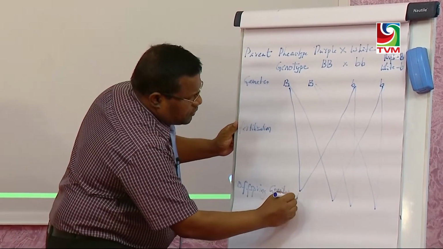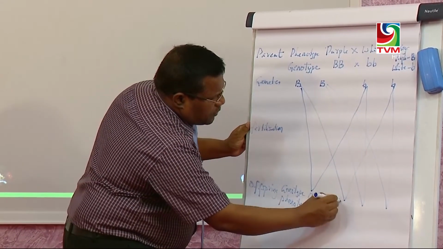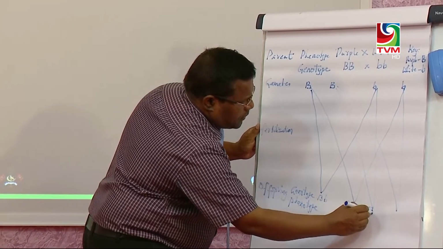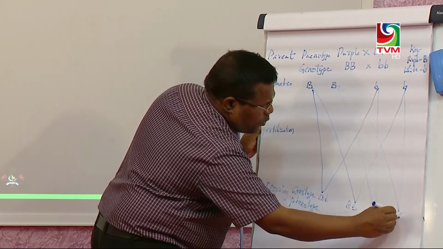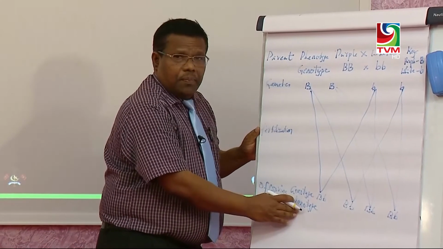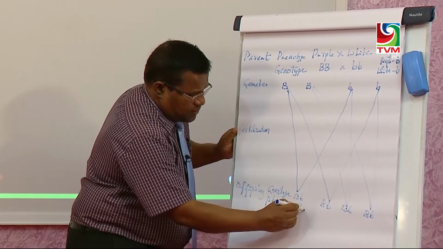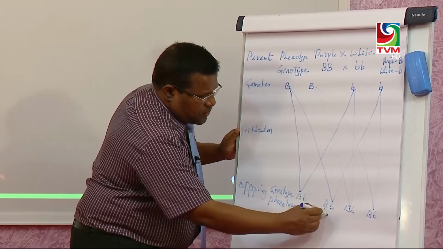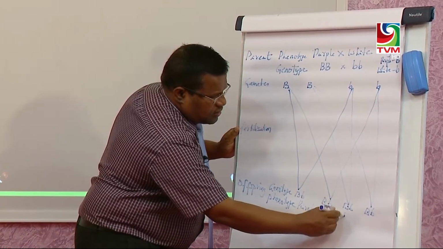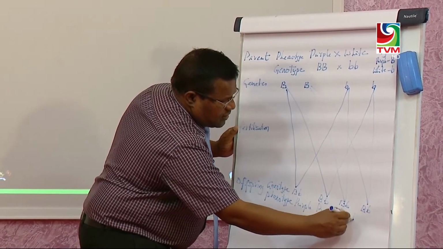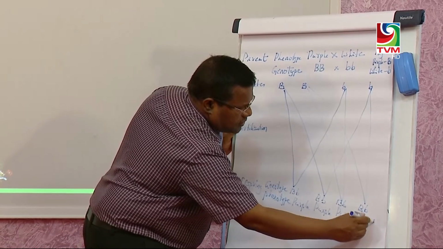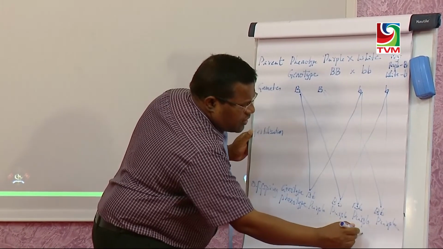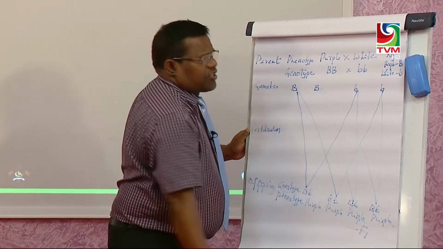Here capital B, small b, capital B, small b, and so on. Phenotype, this is purple, this is purple, this is purple, purple. So this generation is known as F1 generation.